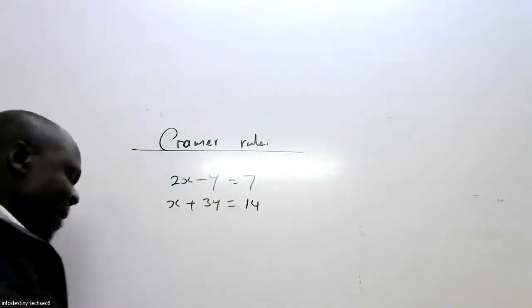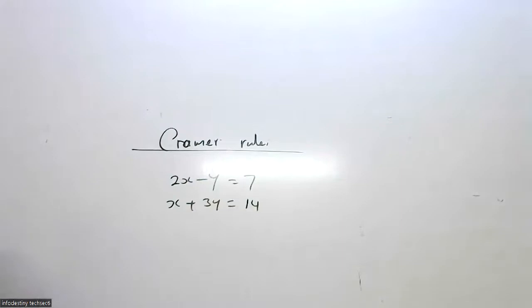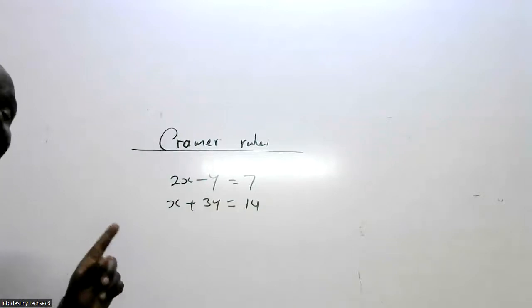If you're given equations like that and told to solve this simultaneous equation using Cramer's rule, the first step is to construct the simultaneous equation in matrix form.